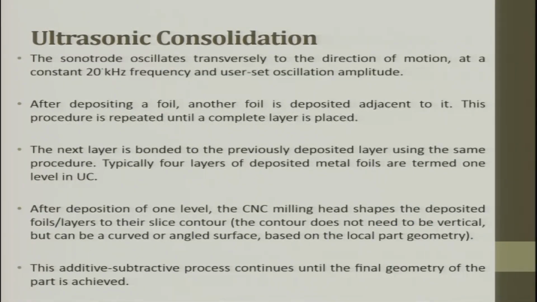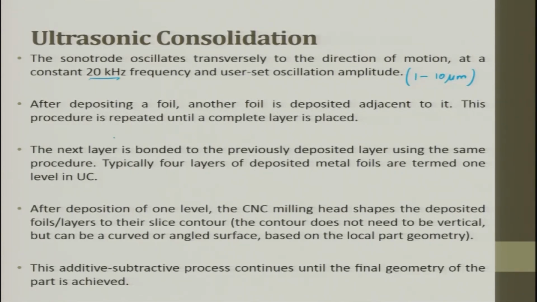The moment you say ultrasonic, we use 21 kilohertz. A sonotron oscillates transversely to the direction of motion at a constant frequency of 20 kilohertz, with a user-set oscillation amplitude. This will be from 1 micron to 10 micron or 20 micron maximum. After depositing a foil, another foil is deposited adjacent to it.